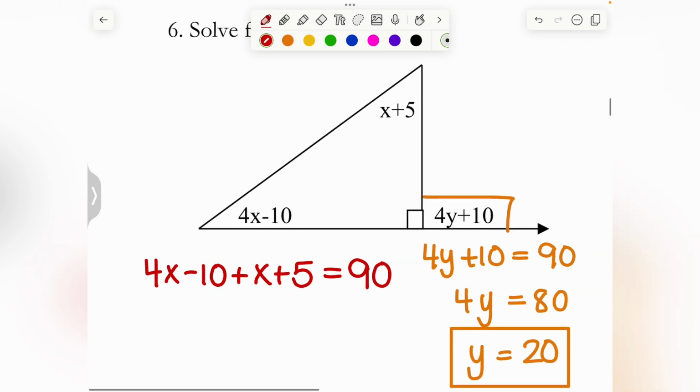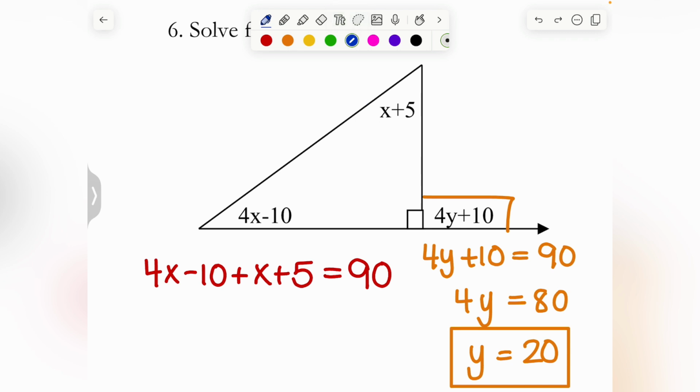Now, if you blank out and you forget to do that, you could always do this plus 90 equals 180. That's another way to solve. If you know all 3 angles equal 180, I mean, that's always true, then you can always just add all 3 angles to equal 180.